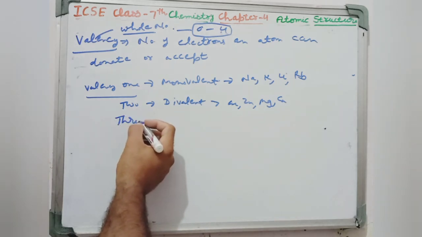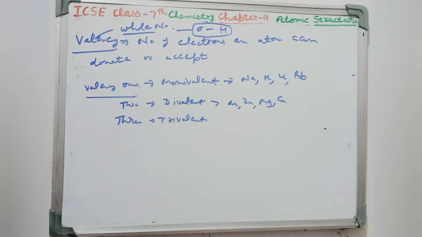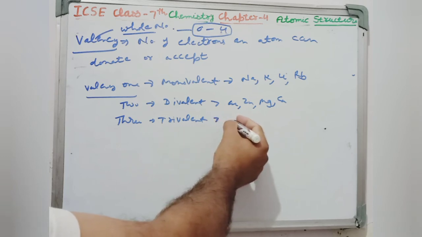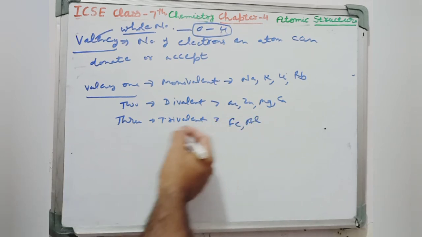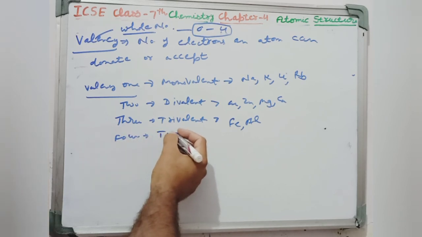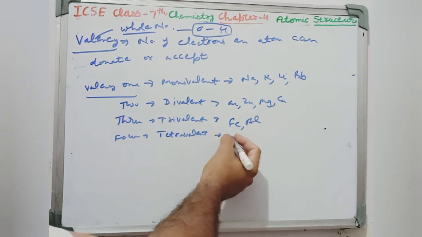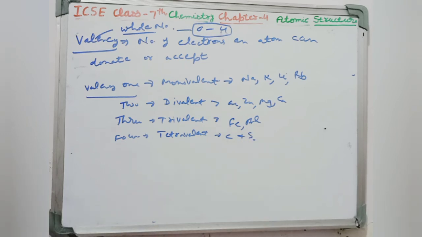Elements with valency 3 are known as trivalent: iron and aluminium. Valency 4 are tetravalent, for example carbon and sulfur. Valence electrons we have seen in the past. Carbon has 4 valence electrons.